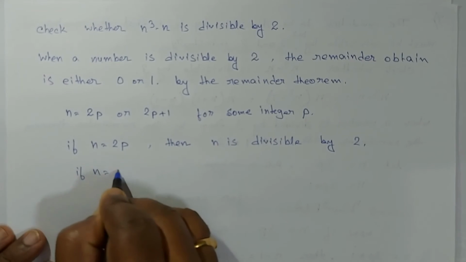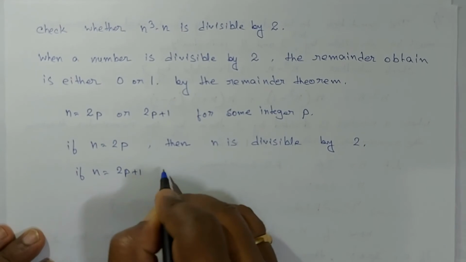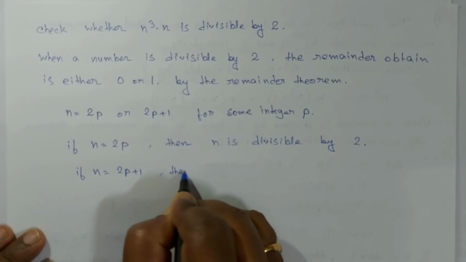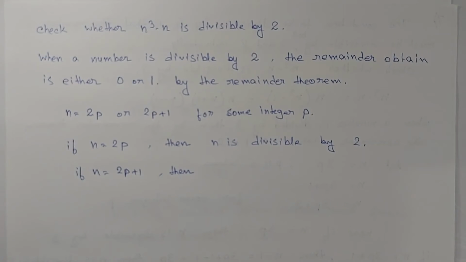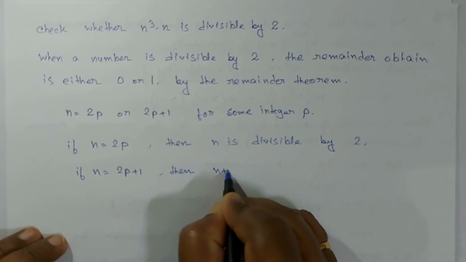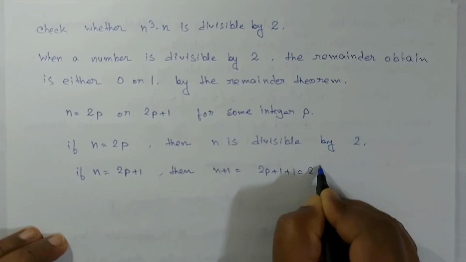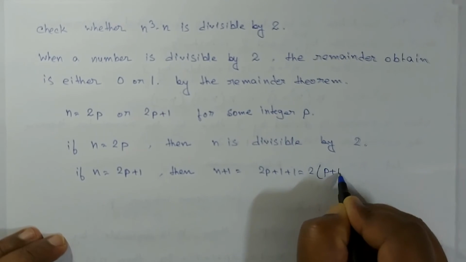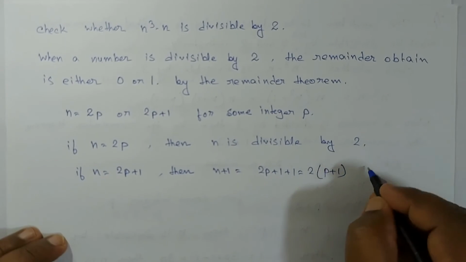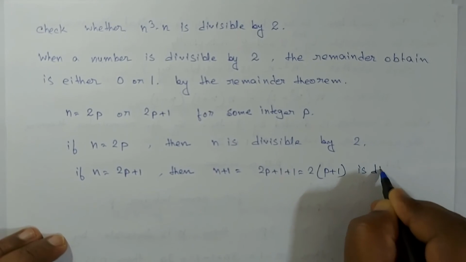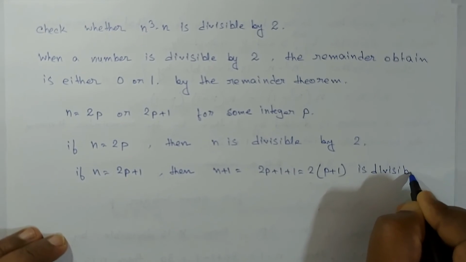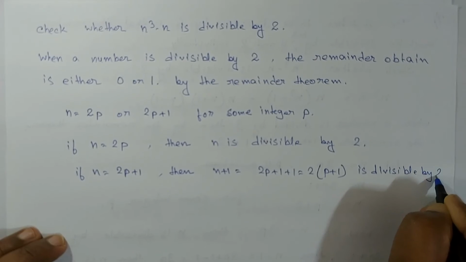If n is equal to 2p plus 1, then n plus 1 is equal to 2p plus 2, which is 2 into p plus 1, is divisible by 2.